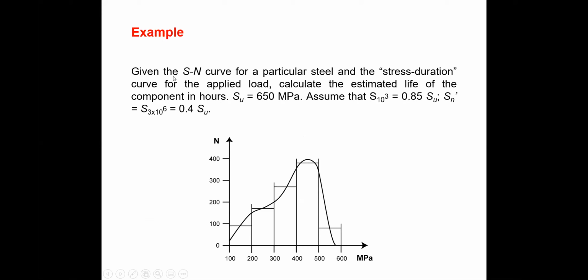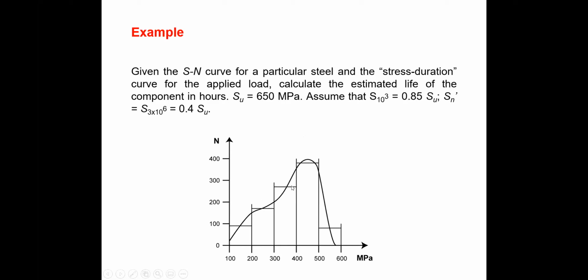Okay, they mentioned it. You need to find out in hours. So they will apply this stress range within 1 hour. So this is the stress variation within 1 hour. If this variation happens in 1 hour, it will repeat again and again each hour.